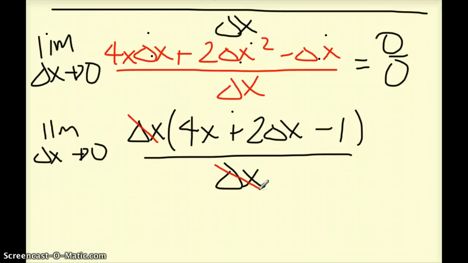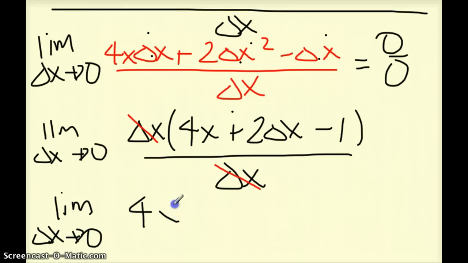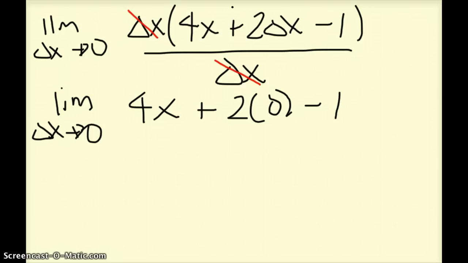And so now, all I need to do is complete the problem by once again plugging in 0 every time I have a delta x. So I have 4x plus 2 times 0 minus 1. And if I solve this, this 2 times 0 is going to cancel.